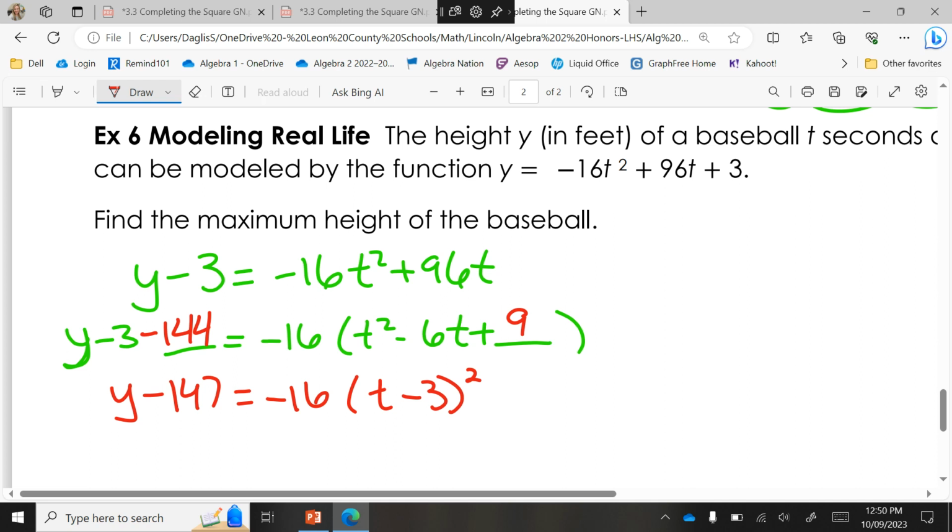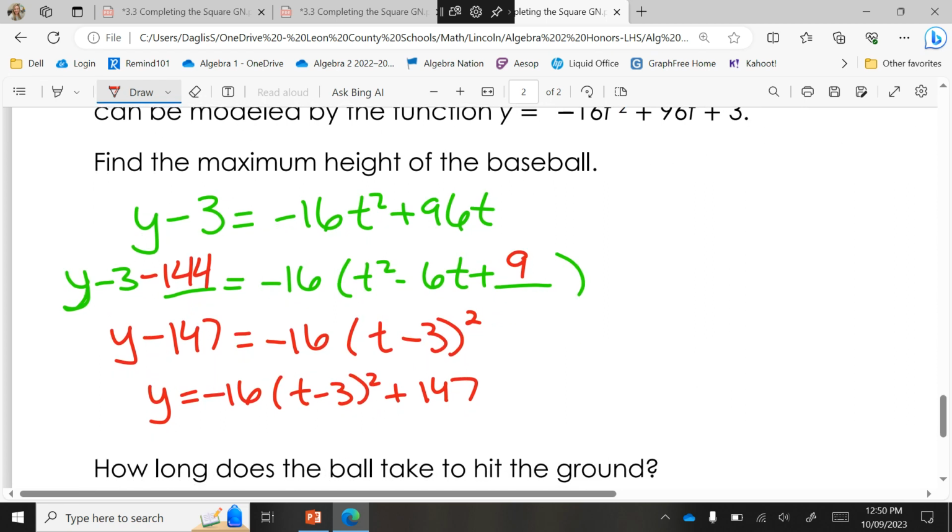And then we're going to add 147 to the other side to get negative 16 t minus 3 squared plus 147. So this is definitely the Algebra 2 style of completing the square when there's an a value that's not 1 that you can't factor out completely.